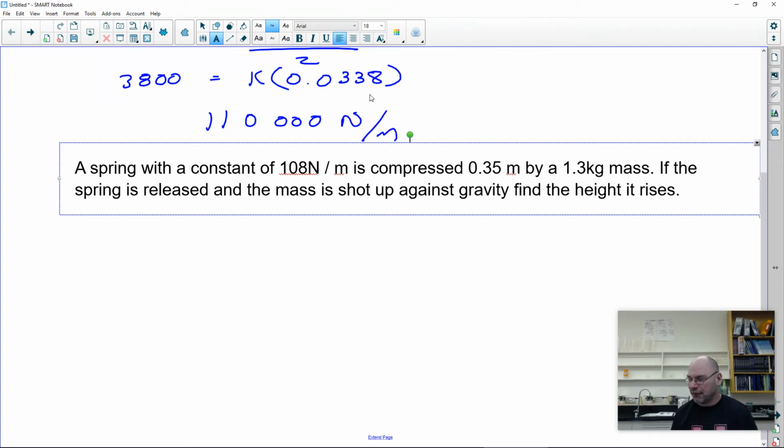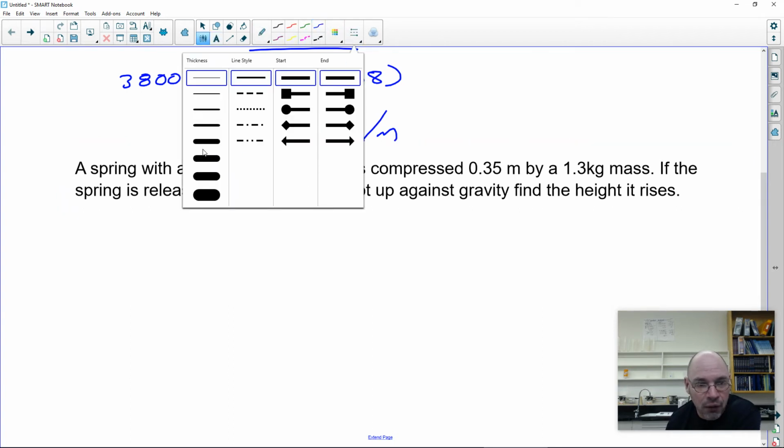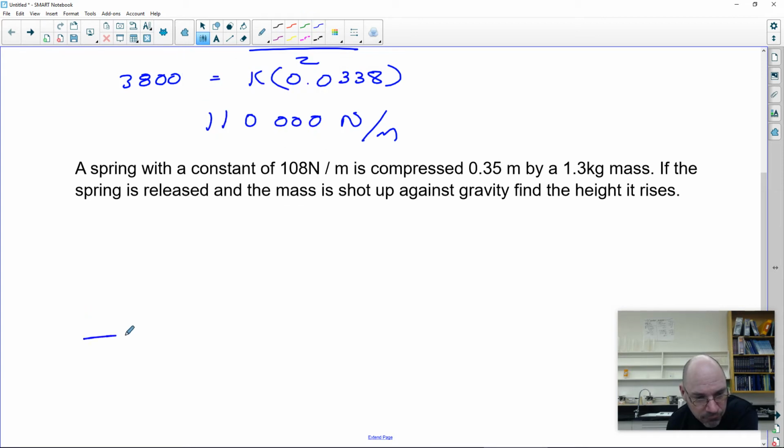So the principle here is we're going to have an elastic energy turning into a gravitational potential energy. So if I draw the situation out here on the side for you, we're going to have this spring here.